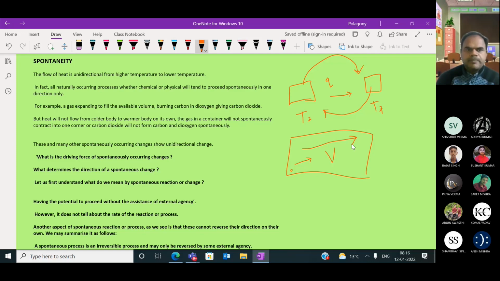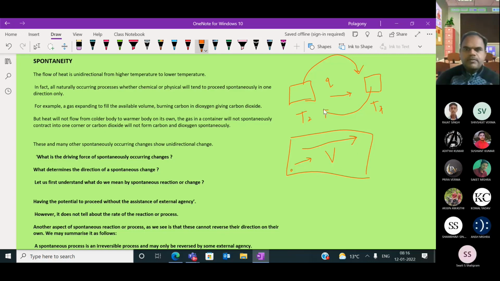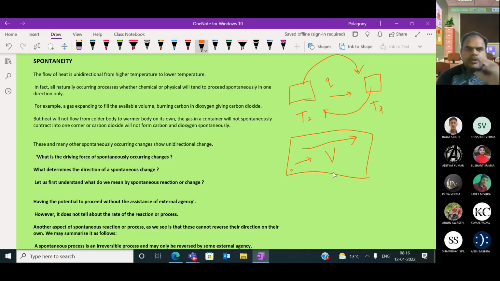Spontaneous means what? What is the driving force for the transmission of heat from hotter to colder? What is the driving force for the diffusion of the gases to occupy the volume? What is the driving force for the spontaneous change? Difference between their pressure and temperature.